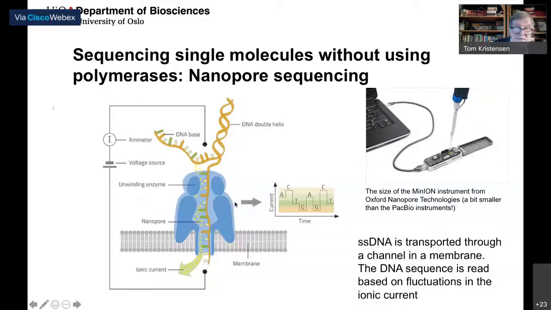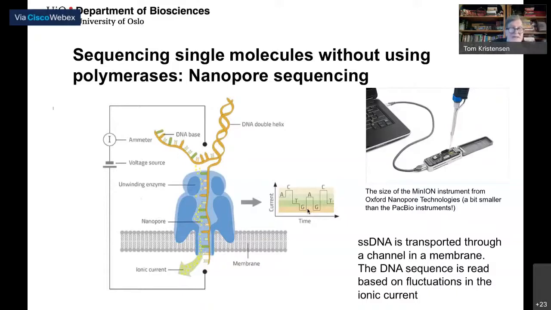So in a very schematic way, as we pass this single strand through the pore, we can read the sequence of the strand by looking at variations in the current here. So A, C, T, G, and so on.